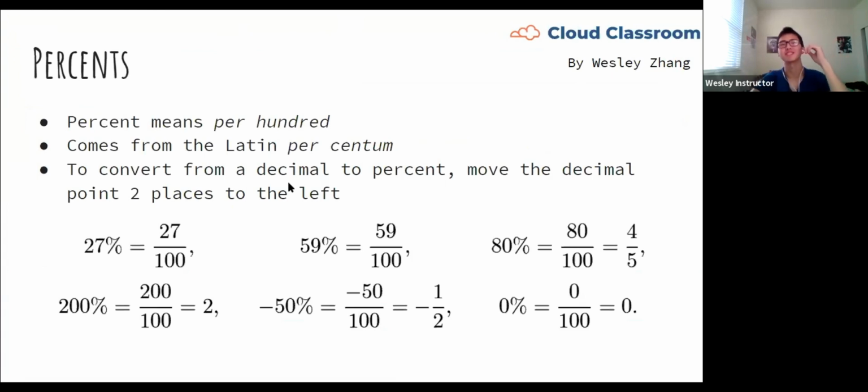Percent means per 100. It comes from Latin, percentum. For those of you that take Latin, you know what this means. To convert from a percent to a decimal, move the decimal point 2 places to the left. This is because it's per 100.